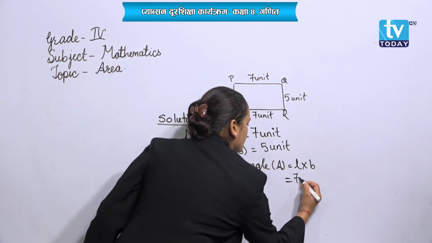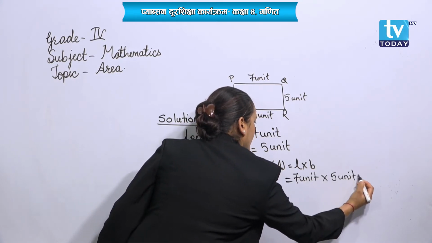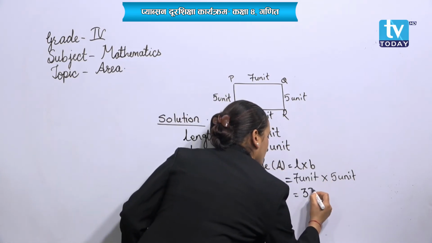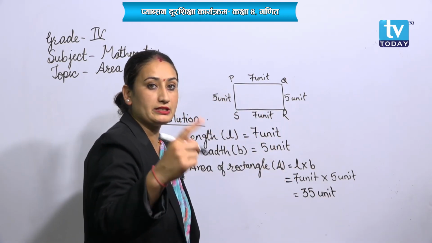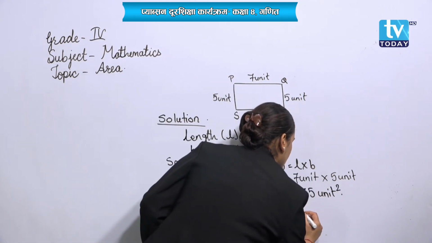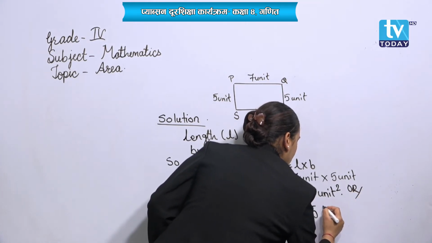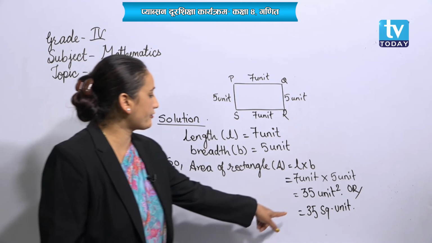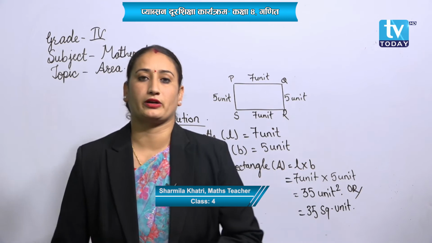So 7 units times 5 units, it will be 7 times 5 is 35 units, and when we multiply units it will be unit square, or you can write square unit. This is the answer. Or you can write 35 square units. Either you can write this way or in this form. That depends on you, whichever you prefer.